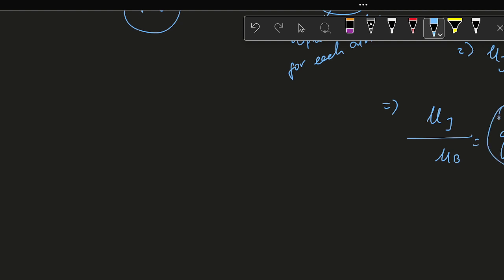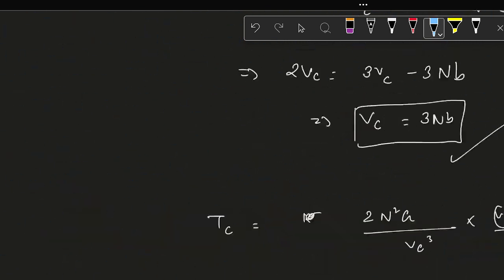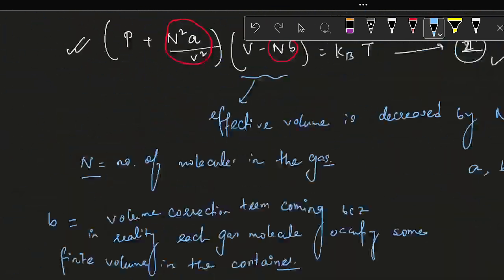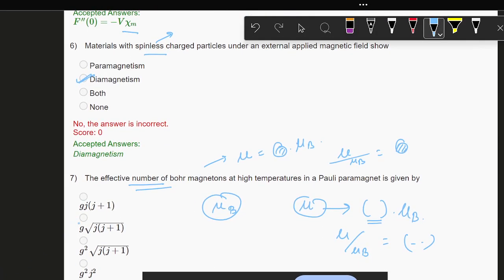This is your answer: the effective count of Bohr magnetons present in a paramagnetic system using quantum theory at T tending to infinity, the high temperature limit. Let's go back and check. That is the answer that is definitely given: g root over J(J+1). So with this we finish week 5's assignment.